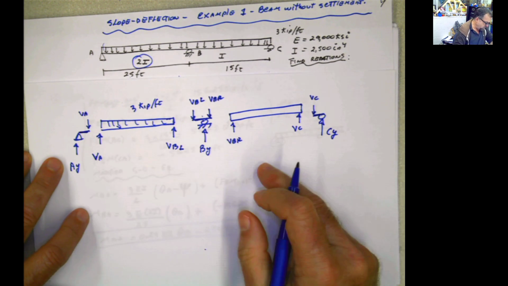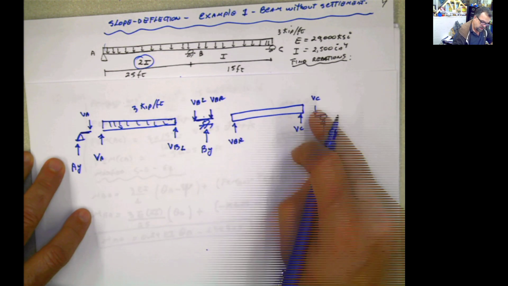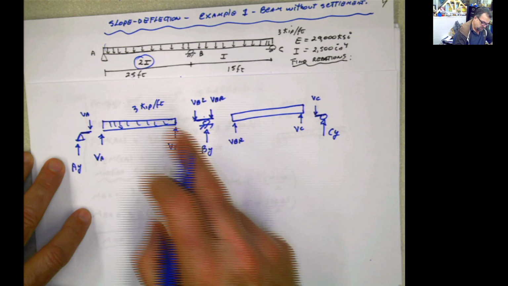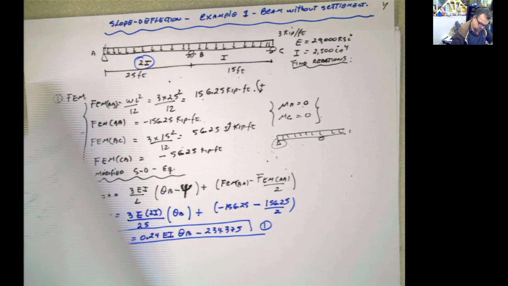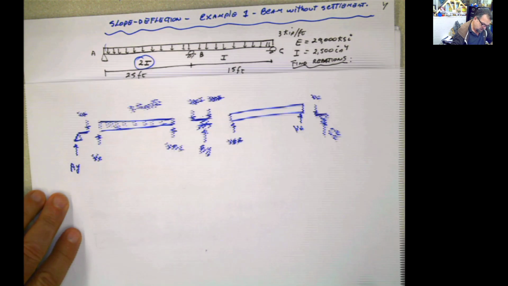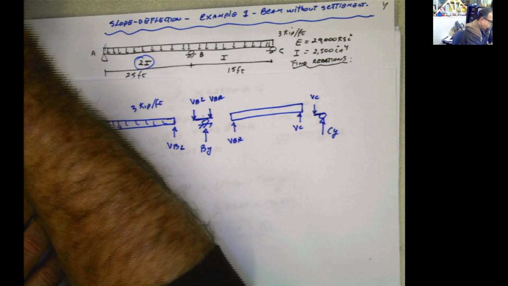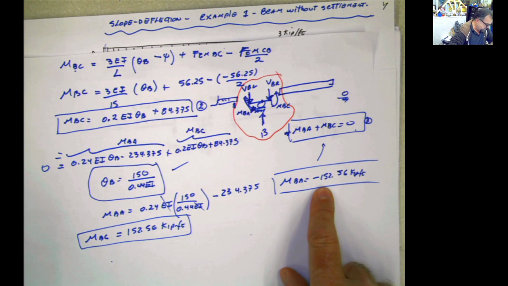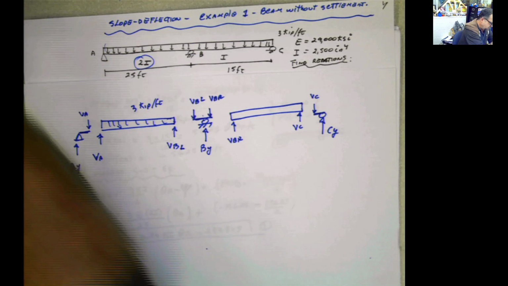And now we have to complete the moments for all of these things. The moment here I know is 0, the moment here I know is 0. Now the moment in this end, we calculated moment BA, negative 152.56. So negative.